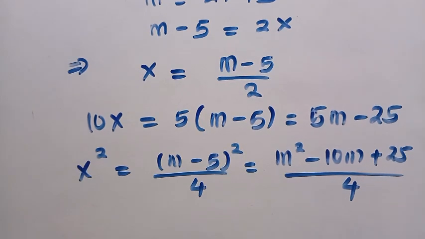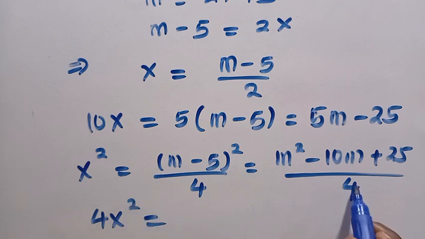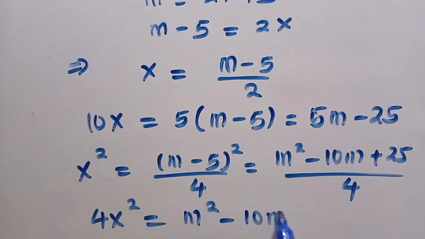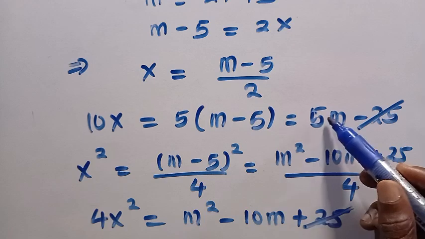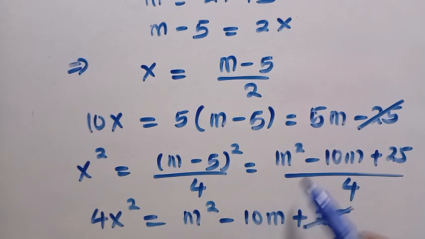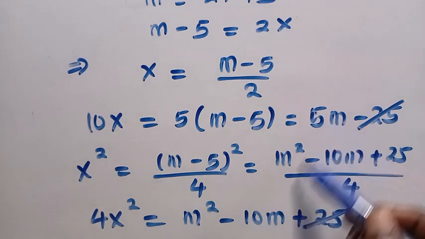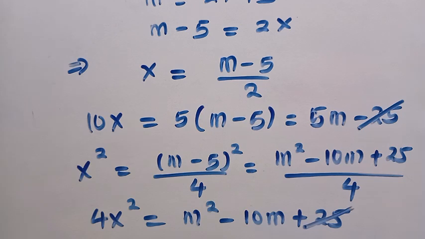And since we have 4x squared, if we multiply this one by 4, we cancel the 4, and we have everything here as m squared minus 10m plus 25. And don't forget that if you add this together, minus 25 cancels plus 25. And also we have 5m here and minus 10m, which gives us minus 5m.